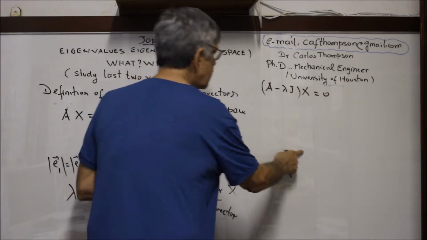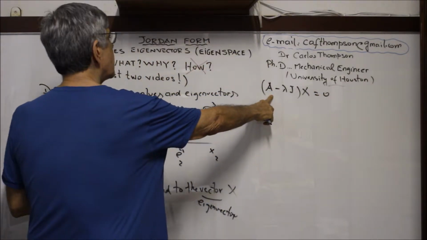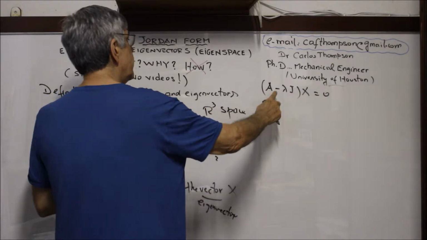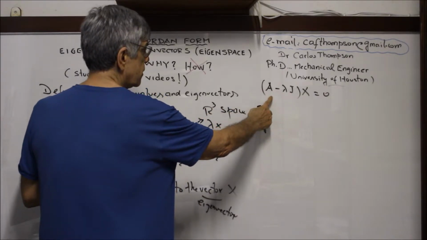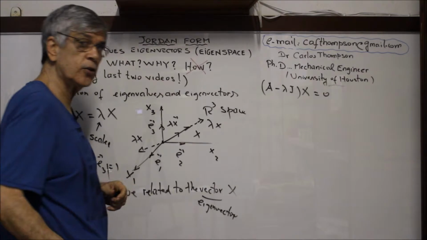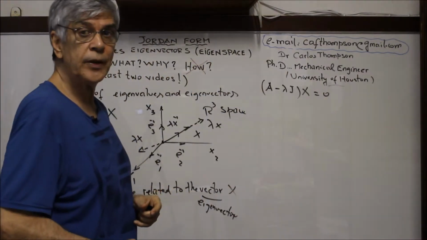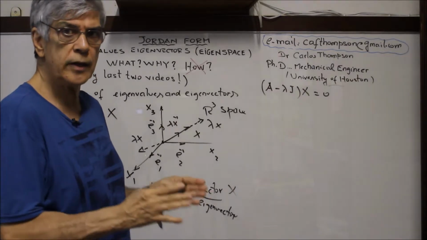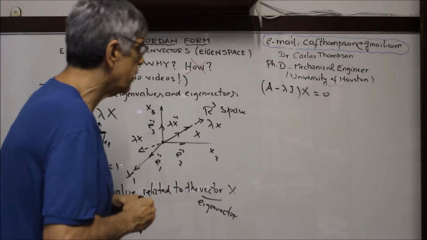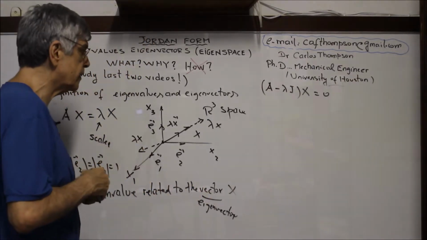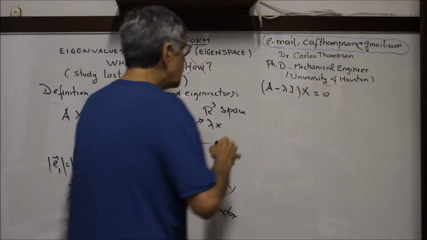These are the components of the second order tensor in the canonical basis. This x is a vector in the canonical basis. 0 is a vector in the canonical basis, E1, E2, and E3, the orthonormal basis.